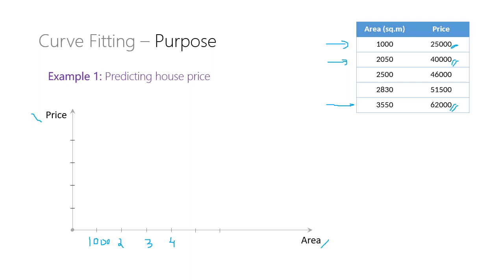So starting with 15,000. So this is 15. The price is 15,000. Then should be 30,000. So we'll take increments of 15,000, then 45,000 and 60,000.